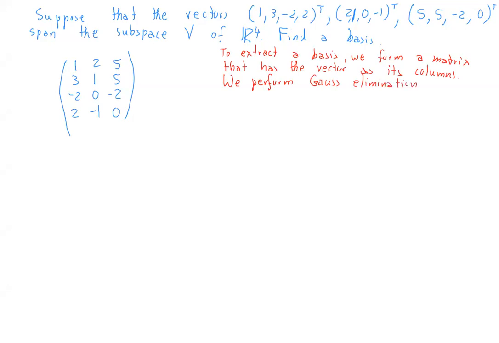It will be a 4 by 3 matrix, because the vectors are going to be columns. Why would you put them as rows if we say they're columns? Okay. So we perform Gauss elimination method and bring it to row echelon form.